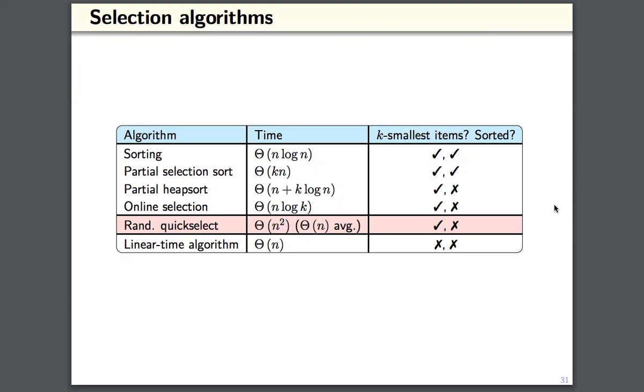So what is the idea here? Quick select. We say that the time it takes is theta n on average. The average time is linear. But in the worst case, it can take n squared time.